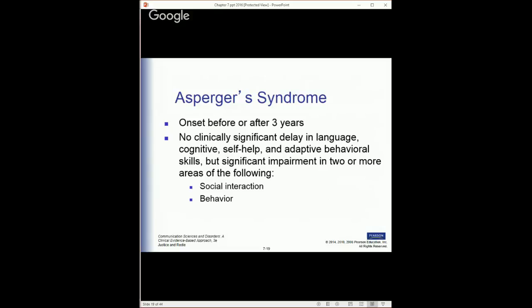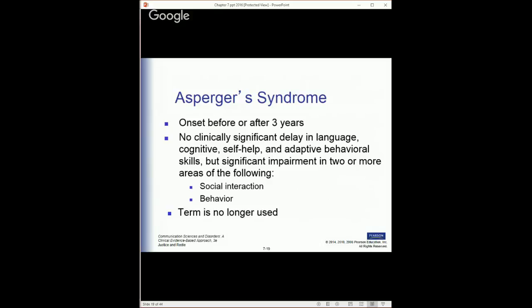No clinically significant delay in language, cognitive, self-help, and adaptive behavioral skills, but significant impairment in 2 or more areas of the following: social interaction, behavior. This term, as of the DSM-5, is no longer used as a specific diagnosis.